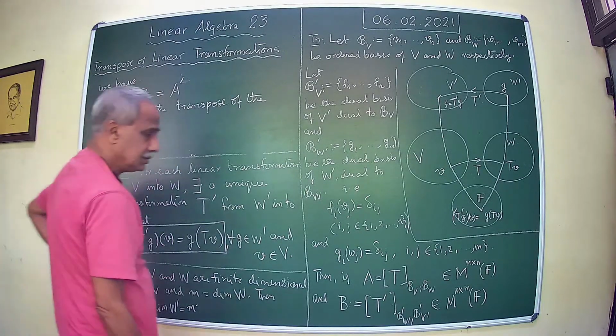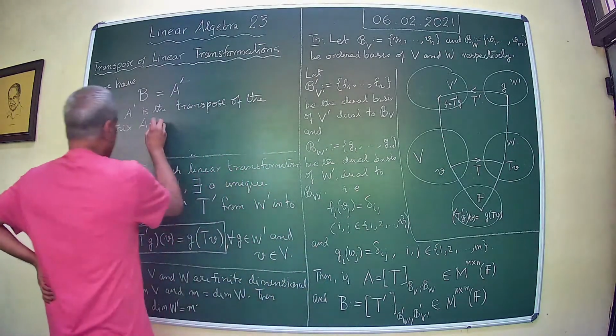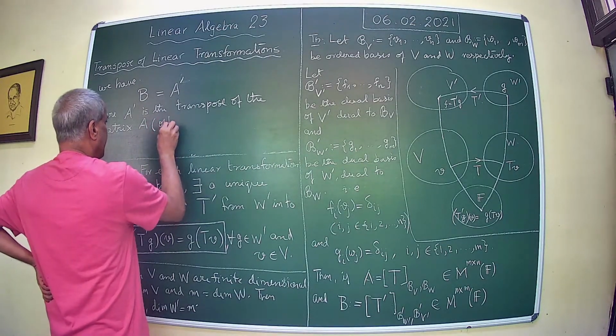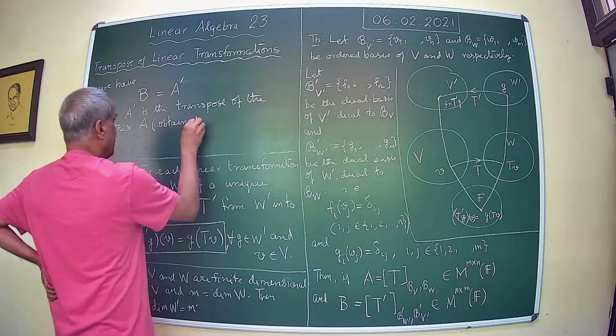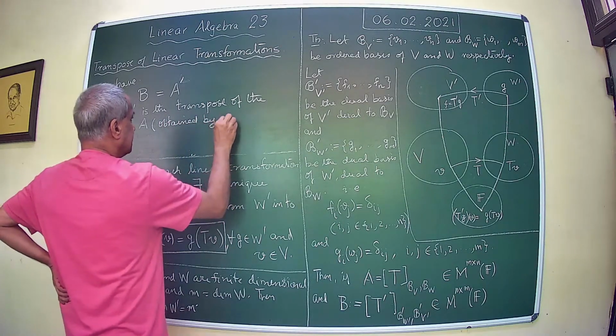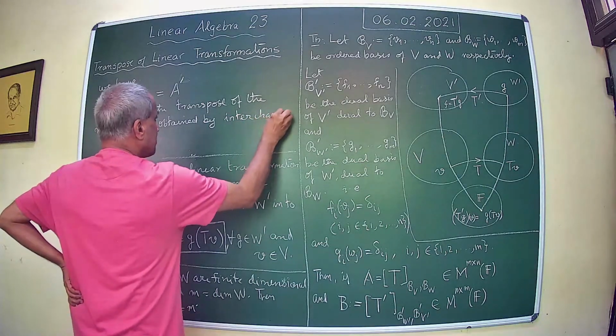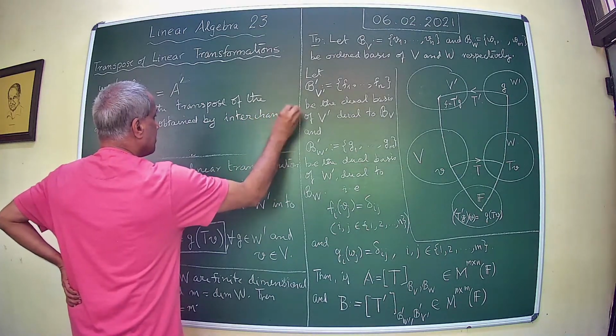That means row and column interchange, by interchanging the rows and the columns.